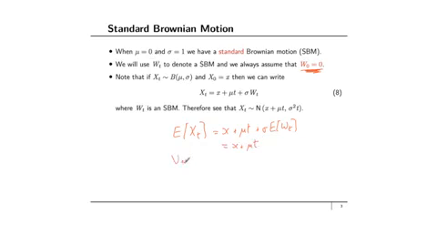And the variance of Xt, well, the constants don't factor into the variance. So the variance of Xt is equal to sigma squared times the variance of Wt. And the variance of a standard Brownian motion has sigma equals 1, so it's equal to sigma squared times t. And that's where we get this calculation from.